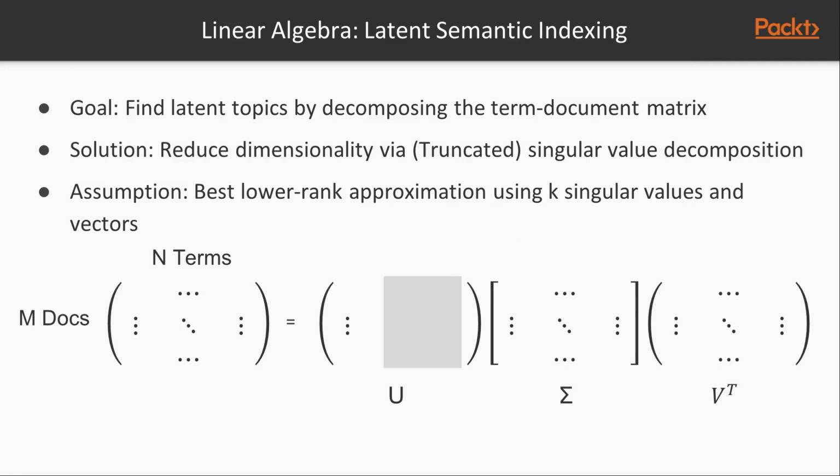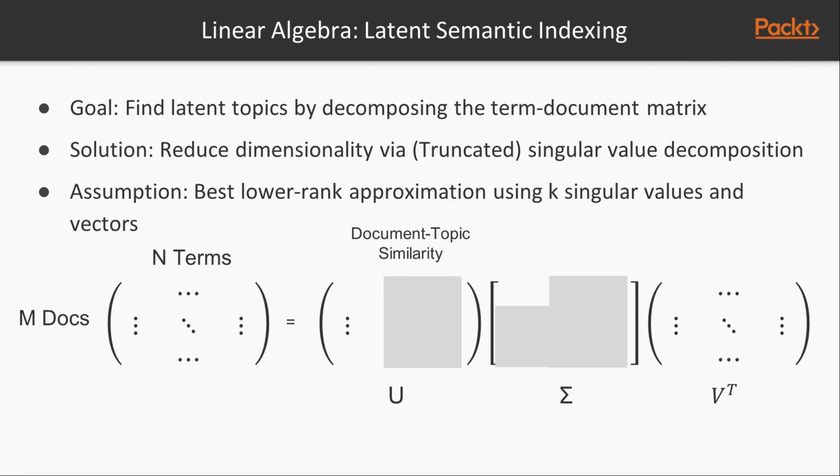And we can do this by taking only the first k columns of U, which translates this representation from document term space into document topic space, because this reduction to only k dimensions of these matrices is meant to represent the k topics which live in this lower dimensional space.